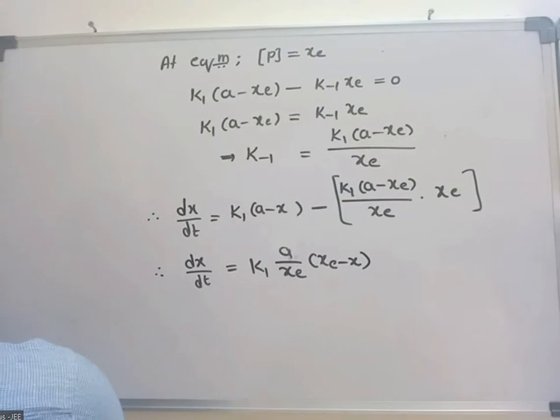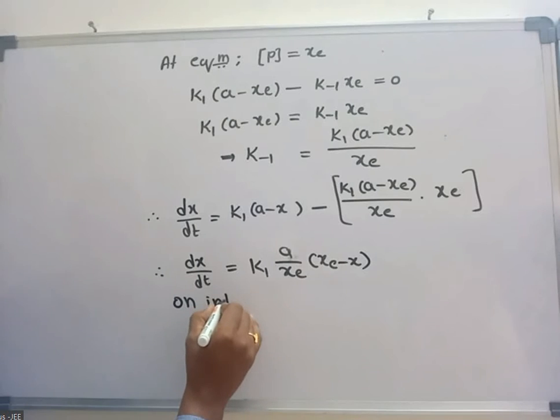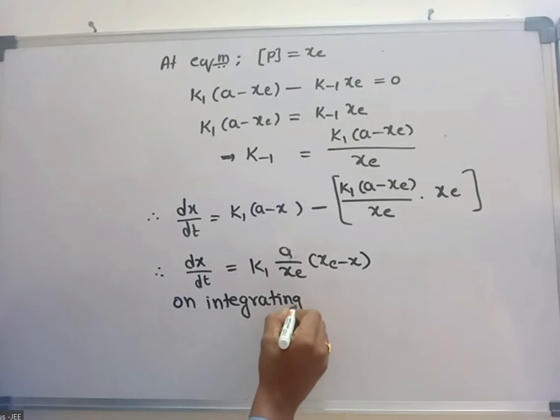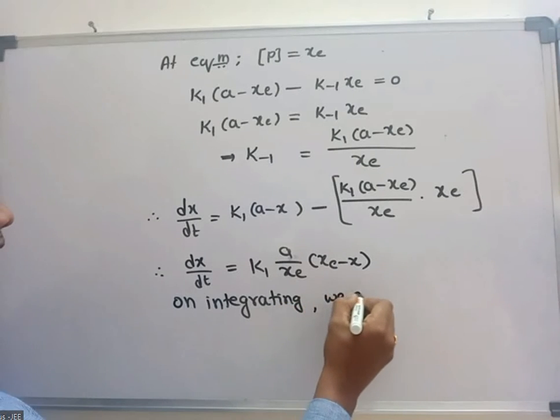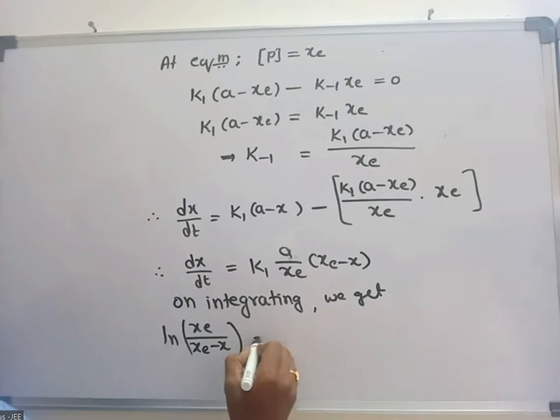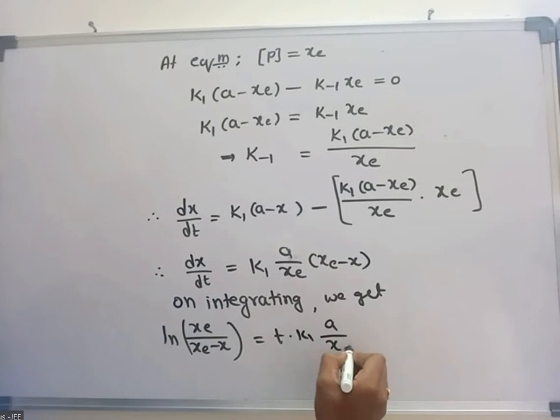On integrating, we get ln of Xe by (Xe minus X) equal to t into K1 into A by Xe.